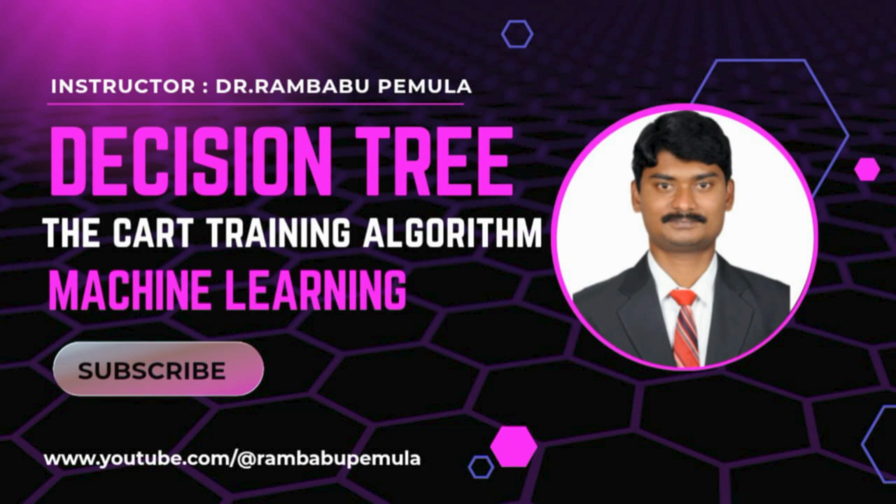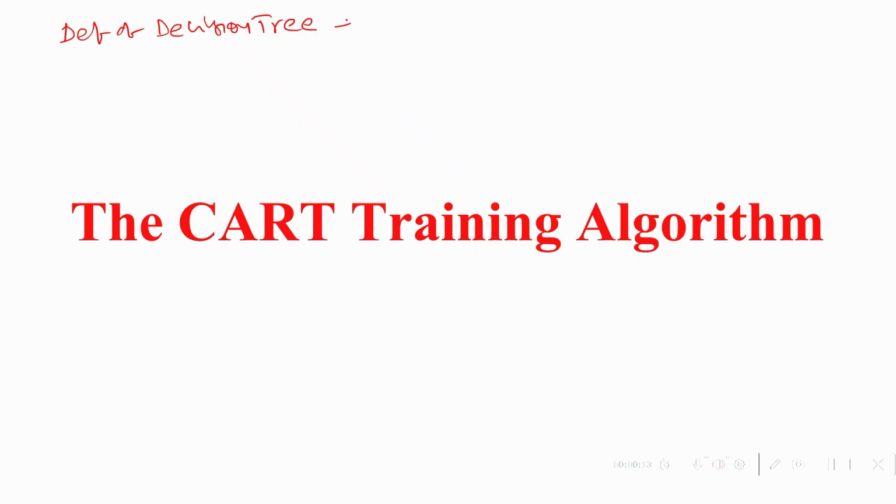In the previous video, we discussed the definition of decision tree, and also some terminologies like root node, intermediate nodes, and leaf nodes.